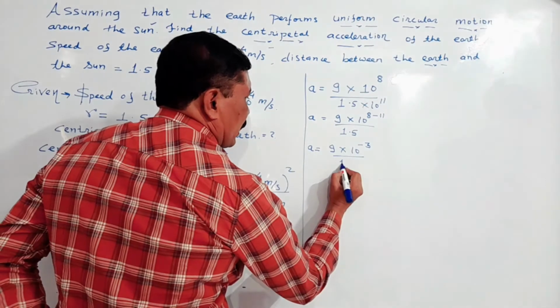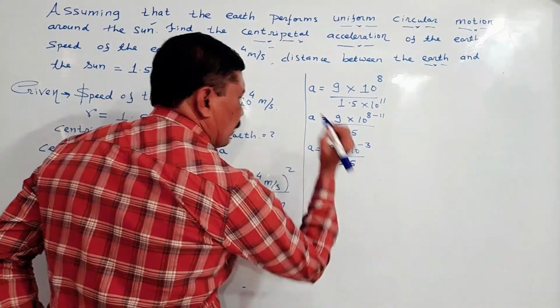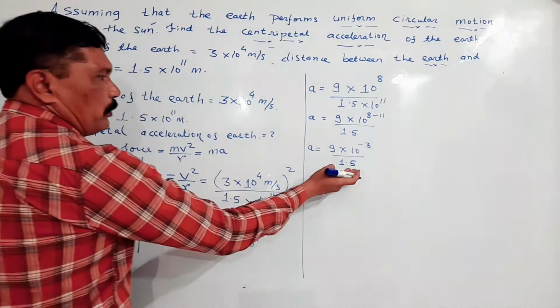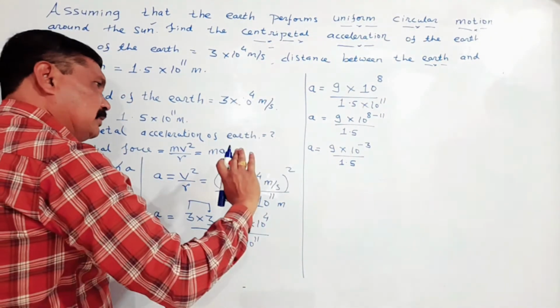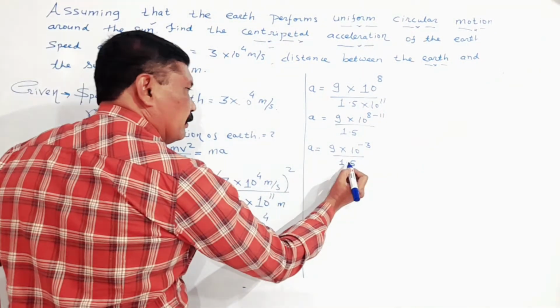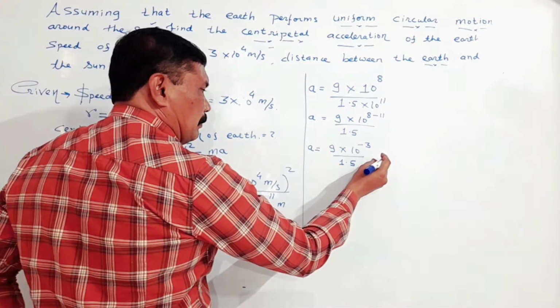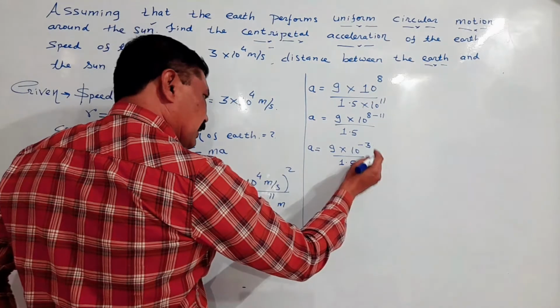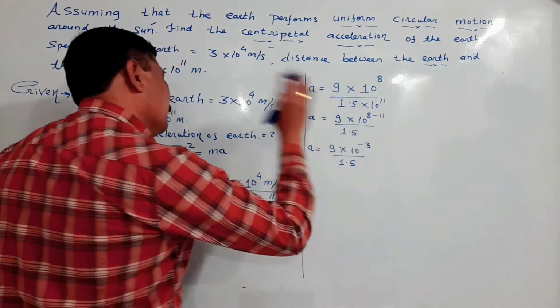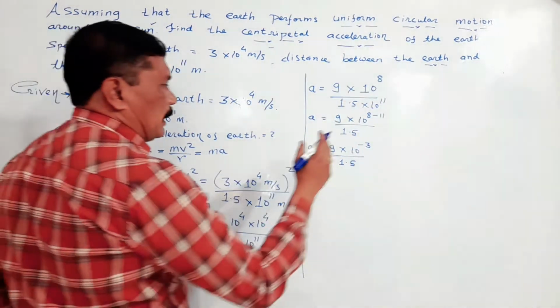And here we have 1.5. Now my dear student, we have to remove this decimal point, means we have to shift this point one digit ahead. What will we do? We will multiply it by 10 in the denominator, and in the numerator also we will multiply it by 10.